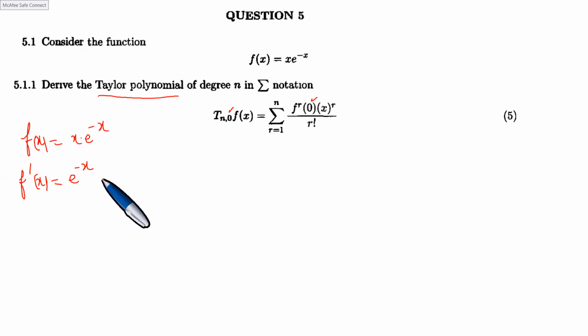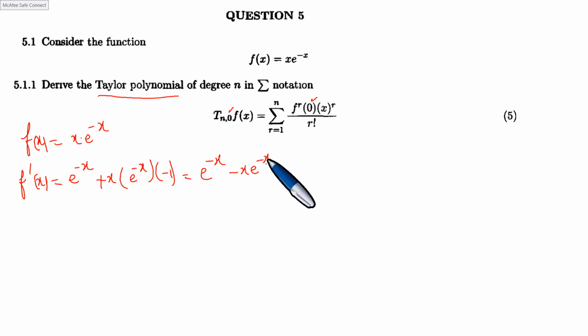Next, we actually find the derivative of, we keep x constant, and the derivative of the exponential function. The exponential function always remains the same, but you multiply by the derivative of the top. The derivative of minus x is minus 1, giving us the exponential this, minus x e to the minus x.